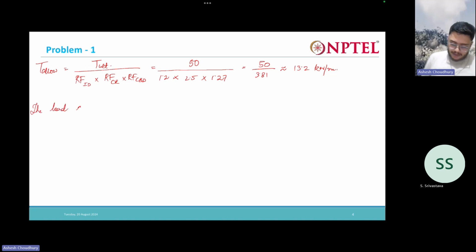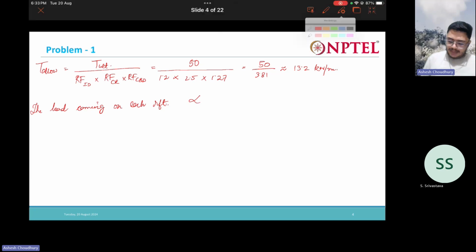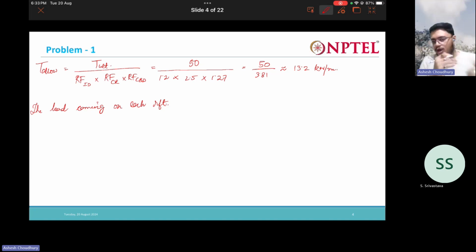Now the load coming on each reinforcement should be less than the allowable strength of the reinforcement, isn't it?